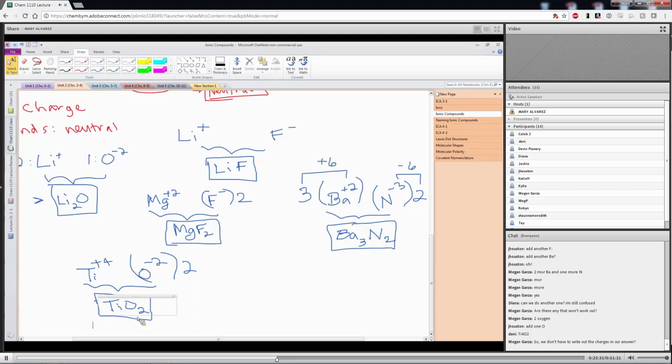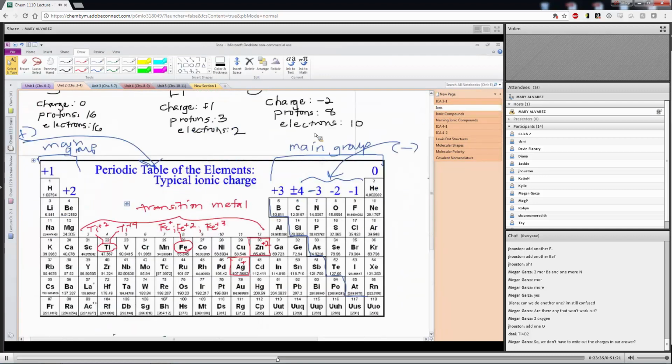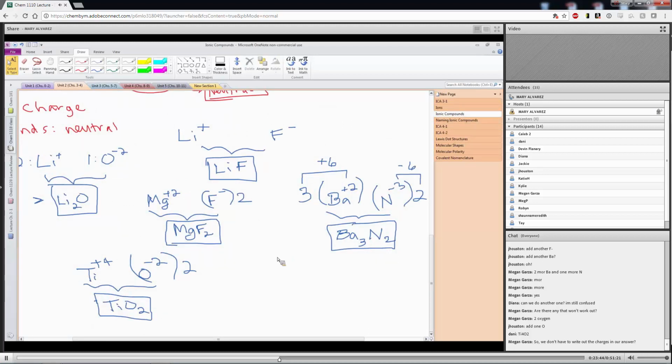I don't have to tell you that magnesium's plus 2 and fluorine's minus 1 because you know, hey look, here's magnesium, must be plus 2. Here's fluorine, must be minus 1. So that's given by definition in the fact that this is an ionic compound, and ionic compounds are made from ions. So you look at the periodic table and say, what ion charge does this element have?